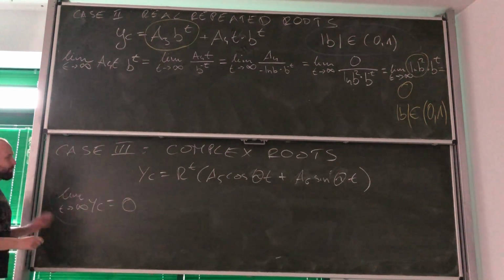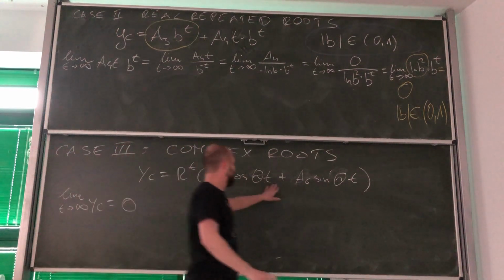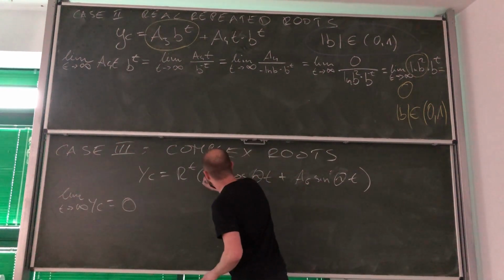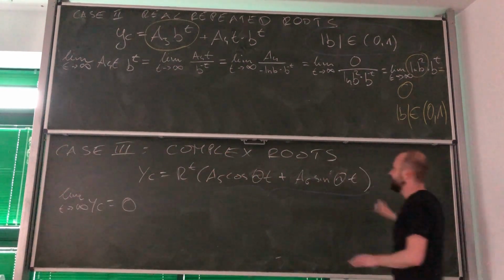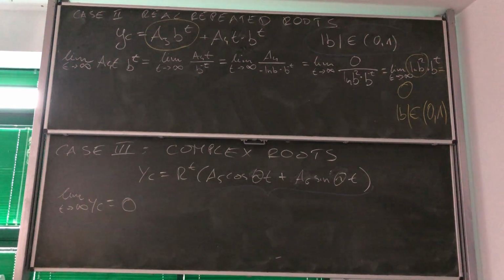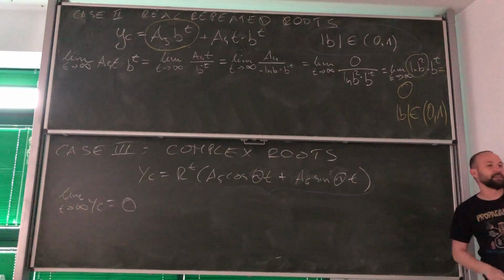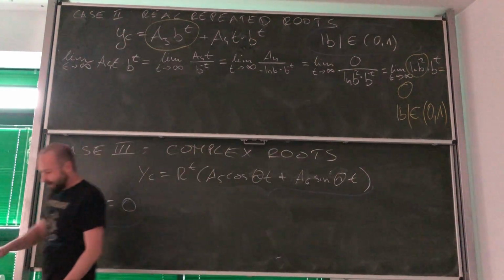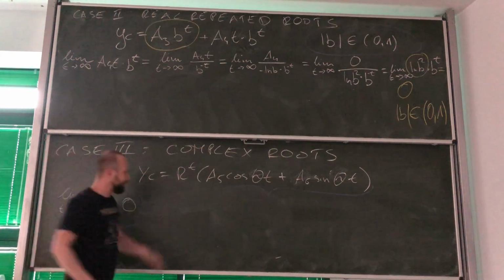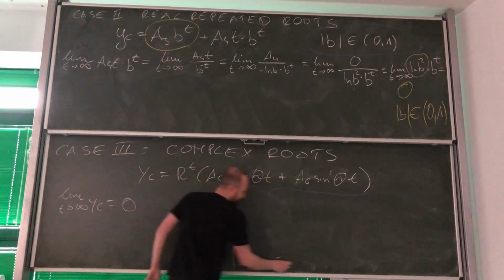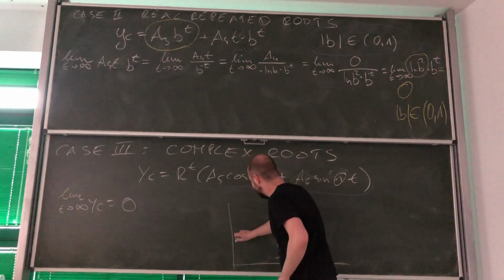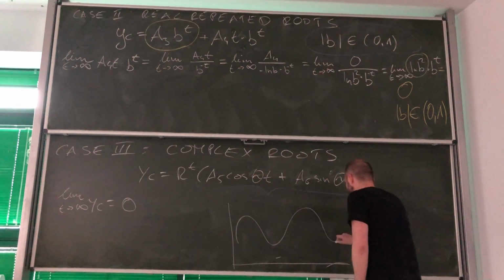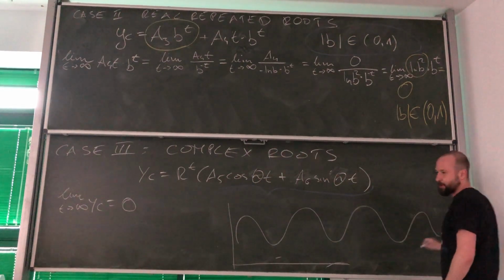Now let's look at this expression that we've got over here. What is inside? Look, this is the combination of sine and cosine functions, right? So actually, what we will have here is this circular pattern of repetition.